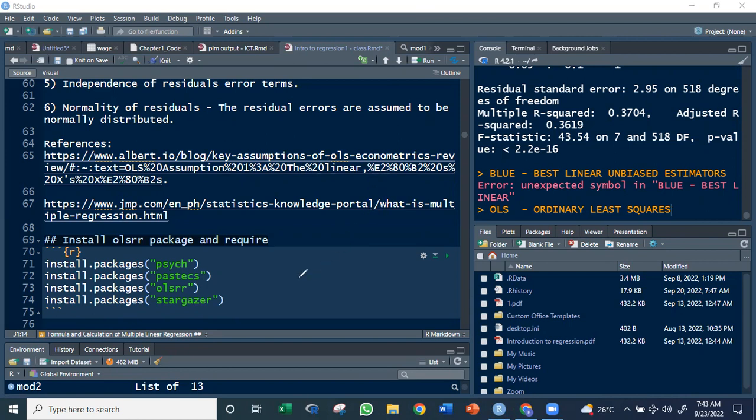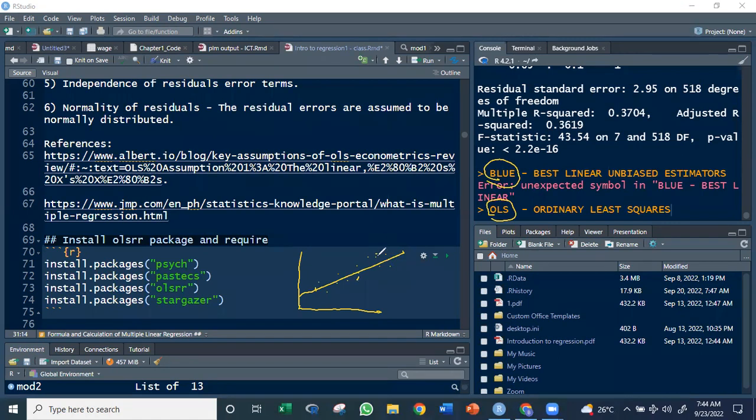So I'll just write here. So these are our data points. When we say best linear unbiased estimator using OLS, ordinary least squares, in this case, let's assume that this is the regression line.